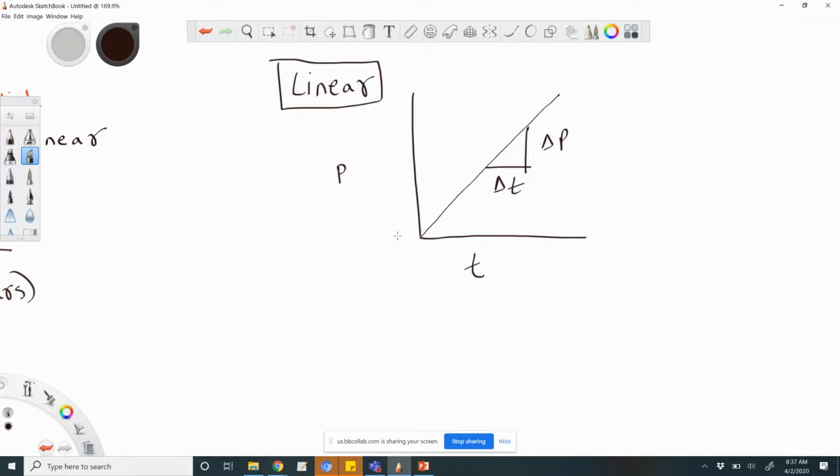And let's say it's P0 at time 0, at this point here. So what's the equation of this line? Well, if the slope, that's delta P over delta t, is r, then your P is r times t plus P0.